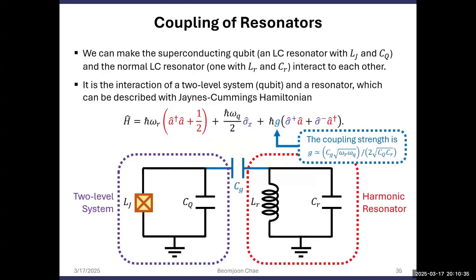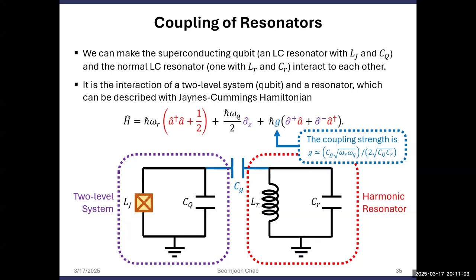As I told you, the LC resonator with superconducting qubits can be considered as a two-level system, while the other is just a normal LC resonator. So maybe we can couple the two different kinds of resonators using a capacitor.